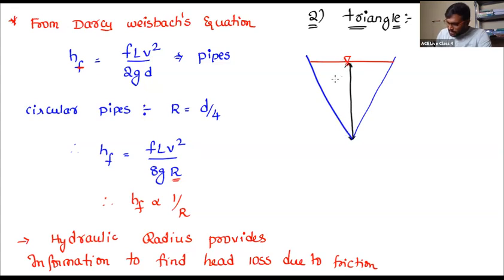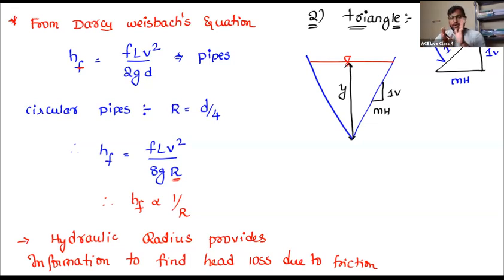This is the depth of flow y, and the side slope is 1 vertical to m horizontal. Yes or no? Now you see, if this is the side slope, 1 vertical and m horizontal, then what should be the incline? Root of 1 square plus m square, which is root of 1 plus m square.